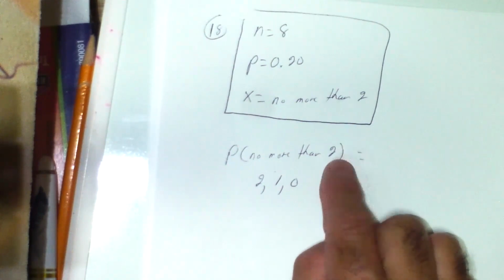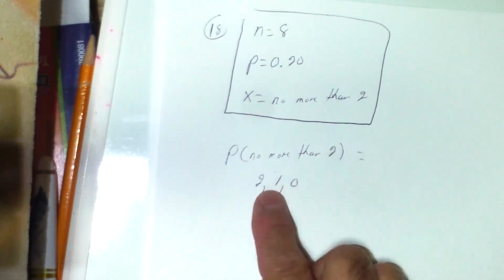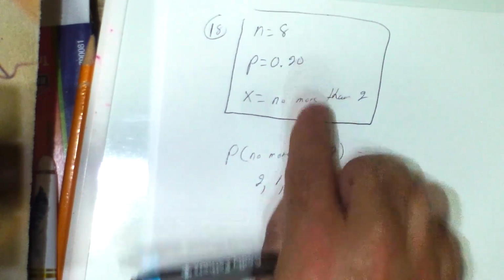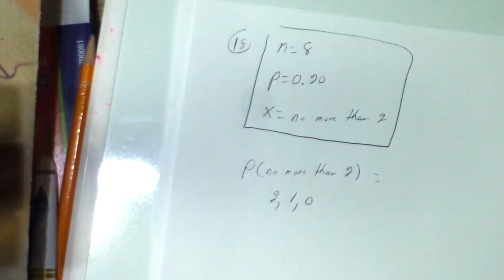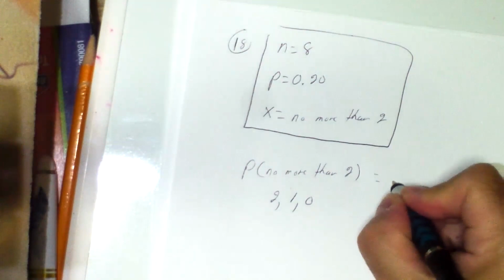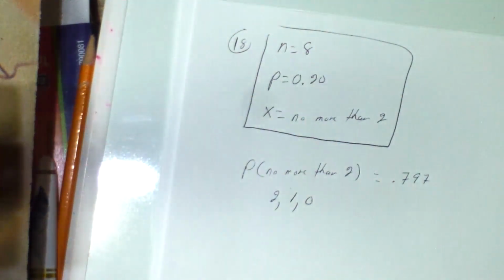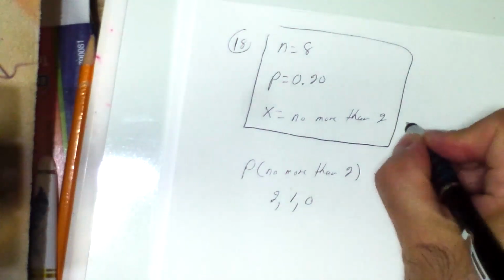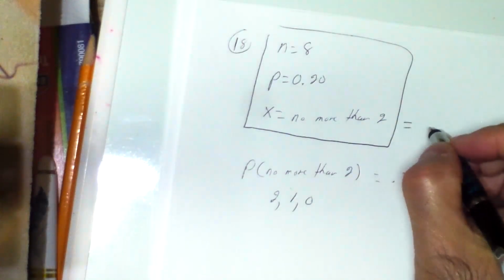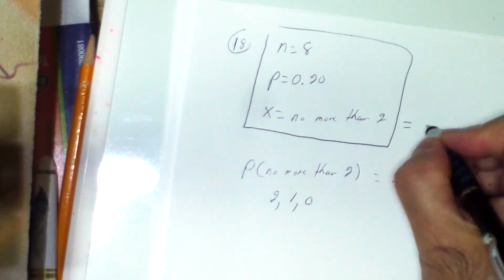It can't go above 2. So it's 2, 1, and 0. Hey, that's the same thing that we got for the other one, 0.797. Wait a minute, that's also equivalent to at most 2.